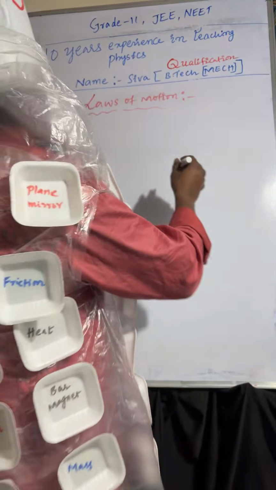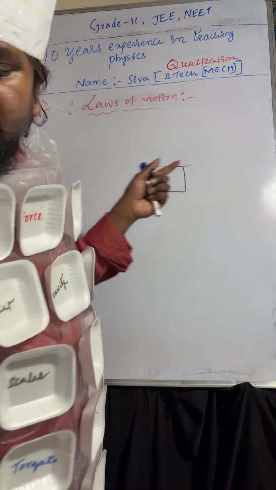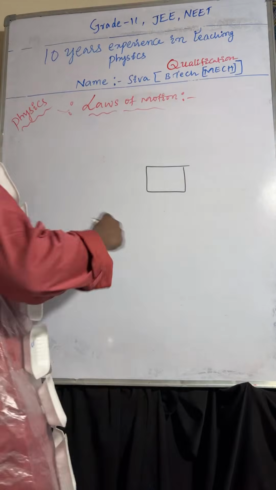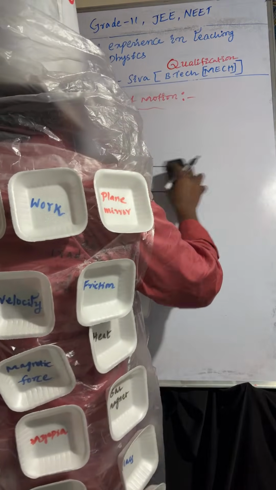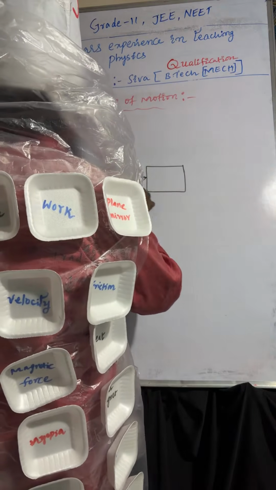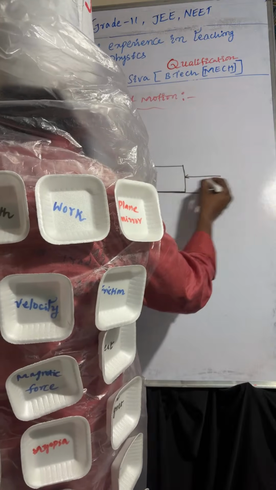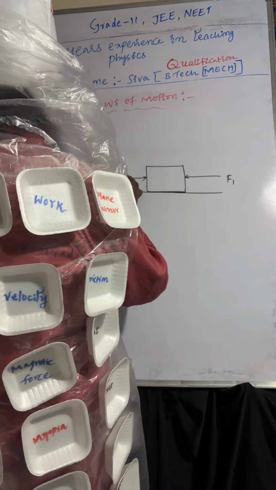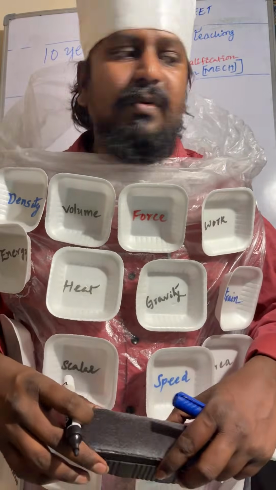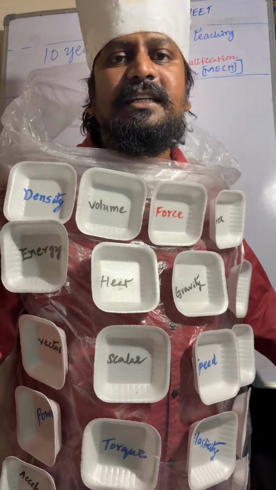So if I am taking this one, this is the body, this is the object, and two forces are acting on the object. This is one force and this is another force. F1 and F2 I am taking. Those two forces are equal in magnitude but opposite in direction.